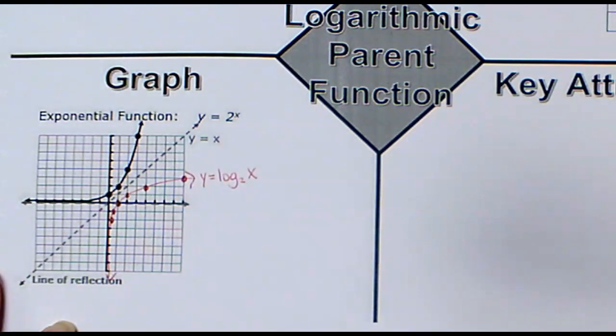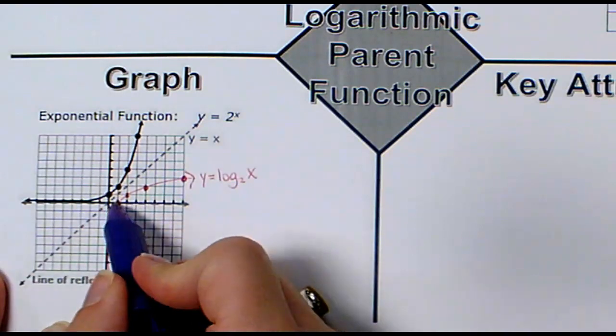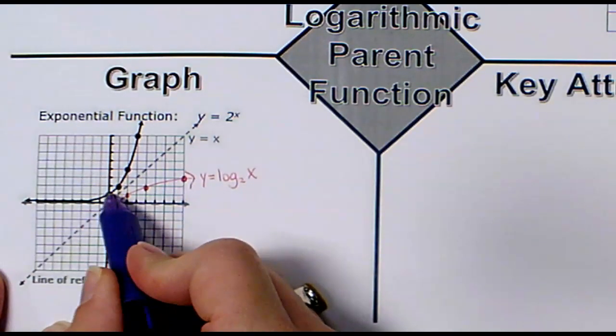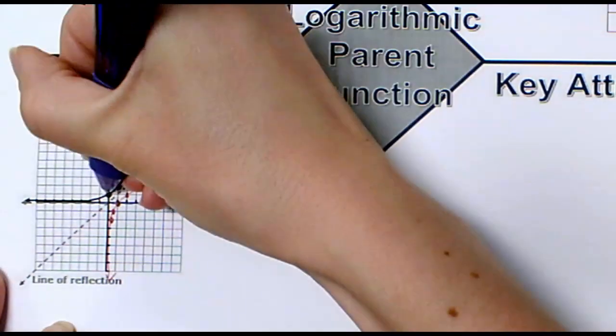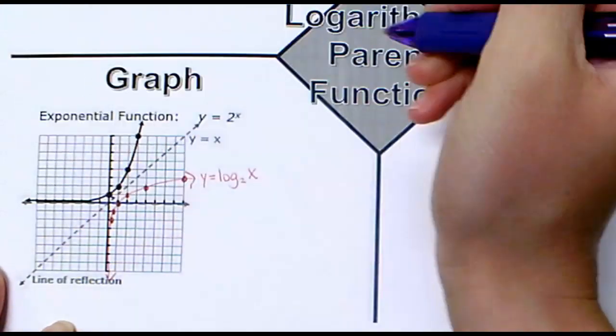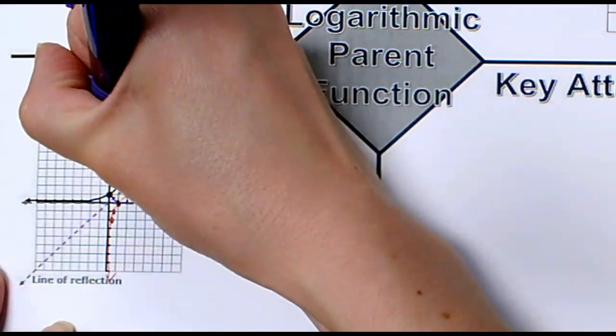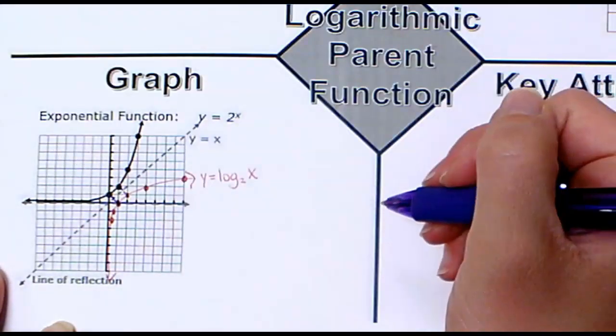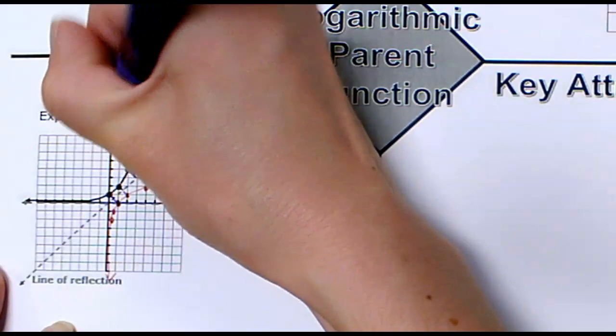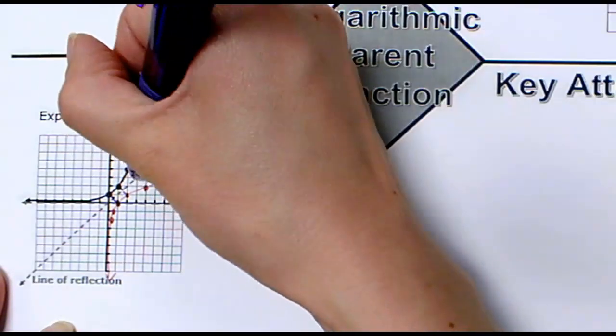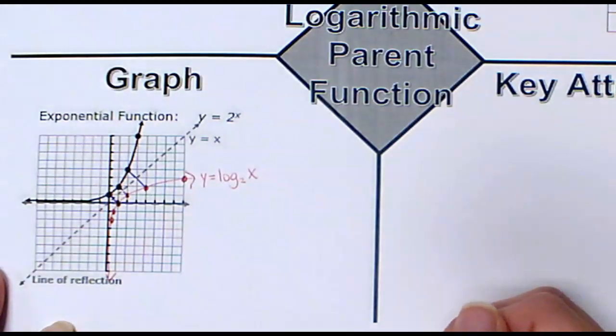So that's our graph, and I want you to notice that this point right here is a reflection of this point over here. We go half a distance to the dotted line and then half a distance past. Same thing here. A diagonal distance of 1 to the dotted line, a diagonal distance of 1 past the dotted line.